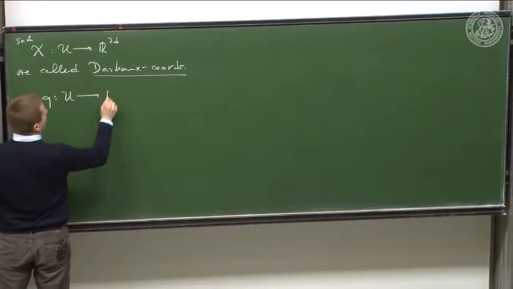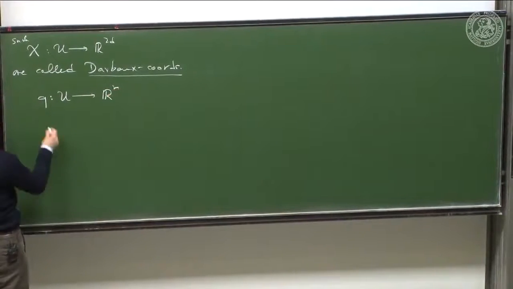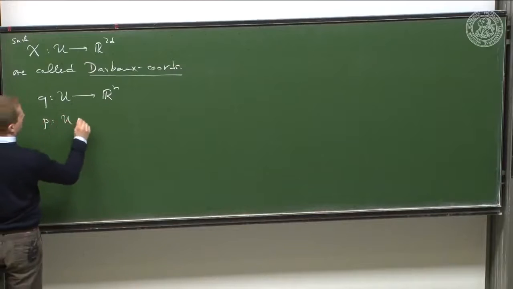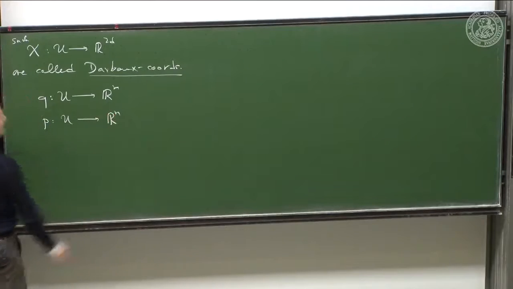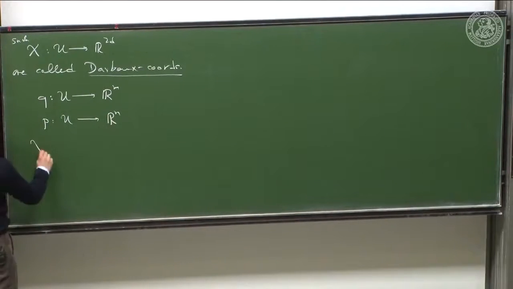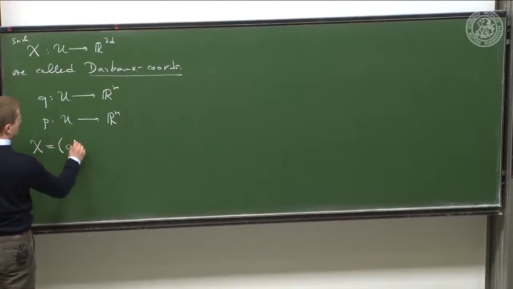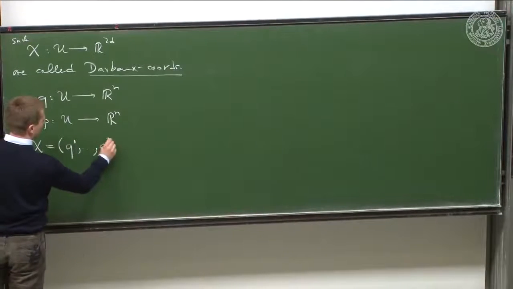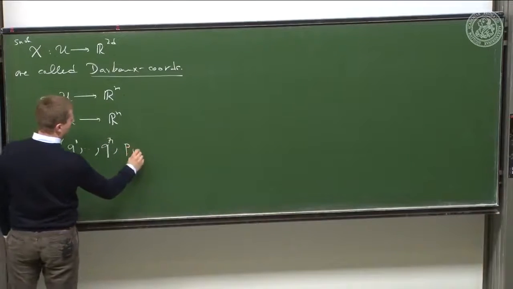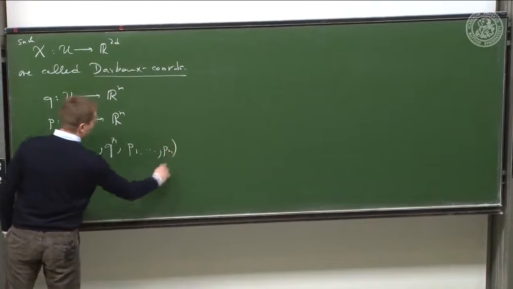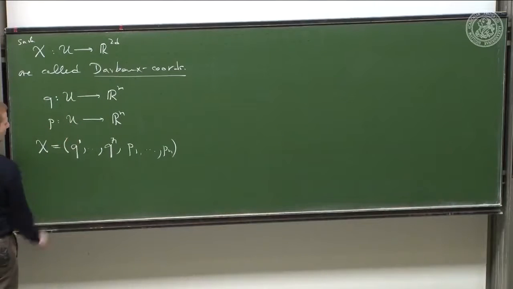One half of them you call Q, and the other half you choose to call P, such that the Darboux coordinates are Q^1 to Q^n, and then P_1 to P_n.